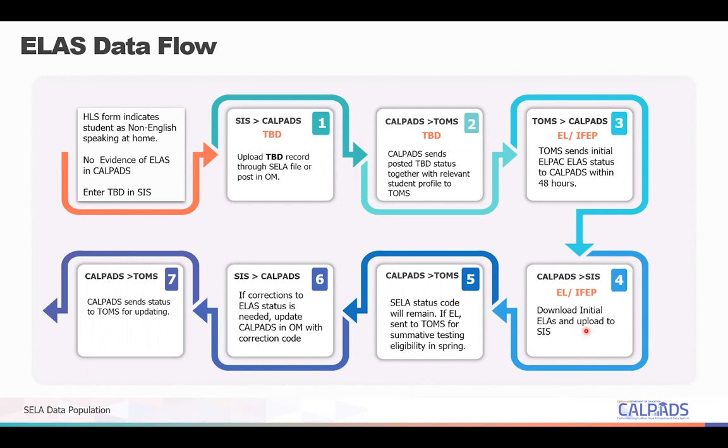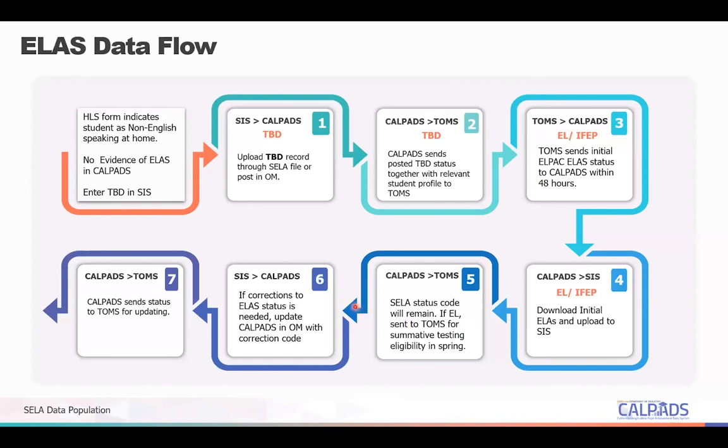Once available in CalPADS, the LEA then requests an ELAS ODS extract and uploads the results back to their SIS. The ELAS status will remain in CalPADS unless a correction is made. If the status is EL, CalPADS will send the data to TOMS during springtime for summative testing eligibility.